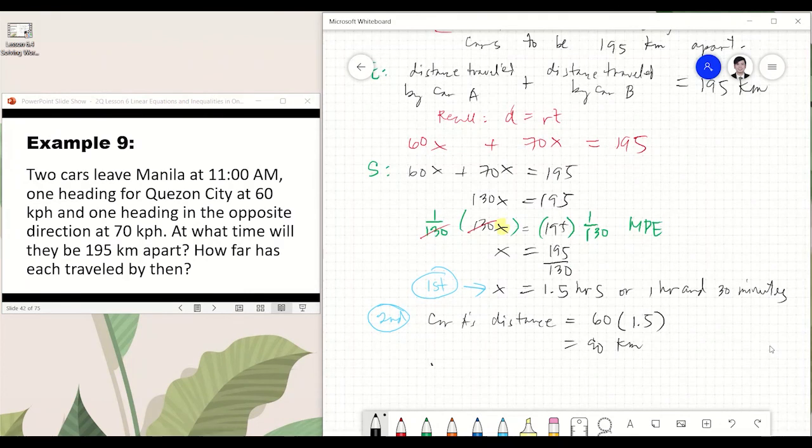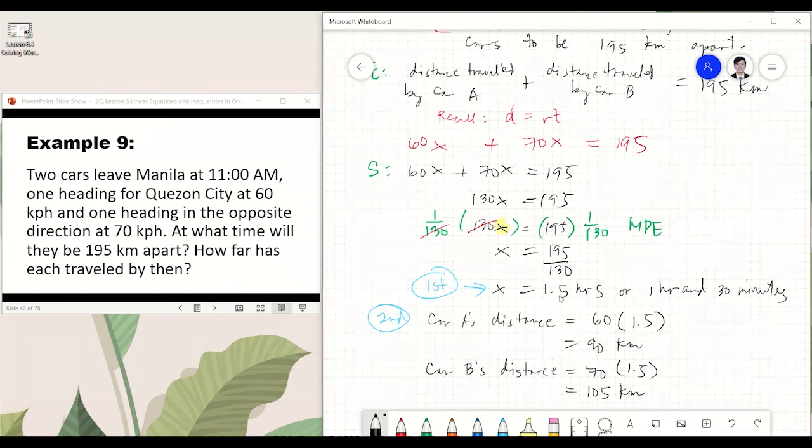And then yung car B naman natin, so we say car B's distance is equal to 70 times 1.5, kasi ito yung rate ng ating second car going to the opposite direction sa ating car A. So 70 times 1.5, you will get 105 kilometers.